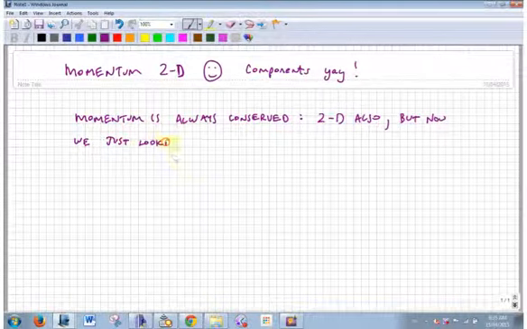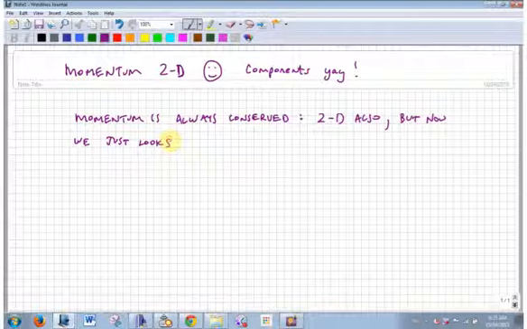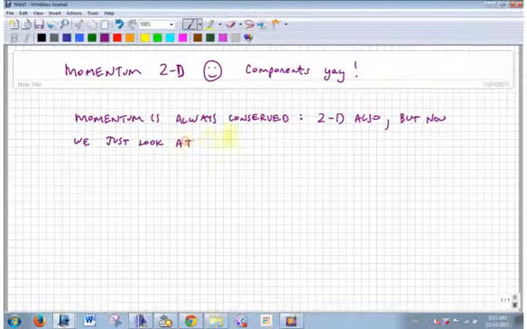We don't have just one dimension of momentum to look at. We've got two dimensions. And remember, we did this in forces, we did this in kinematics, and we started with vectors. We're still doing it. We just look at each component, x and y.